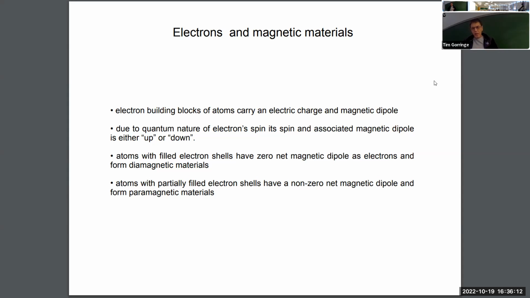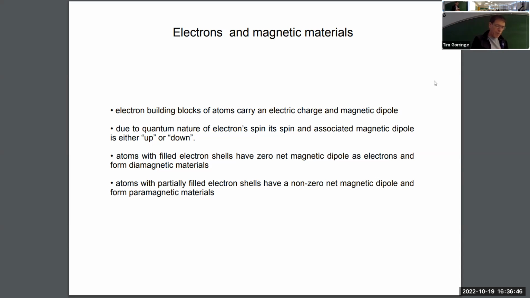One important class of materials are called diamagnetic materials. Typically, the electron shells of the atom or atoms are completely filled, and the electrons in the shells are paired off, so that there's an up electron for every down electron. That's the nature of most diamagnetic materials.